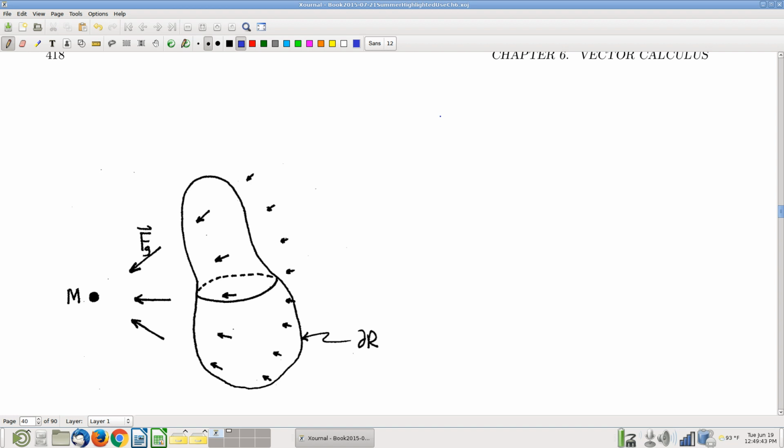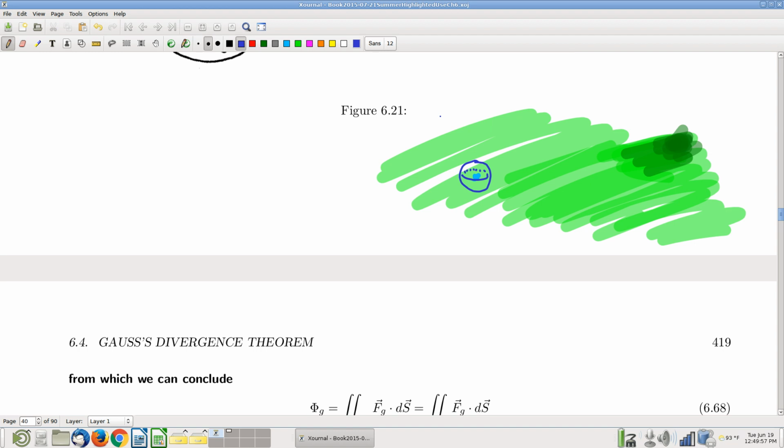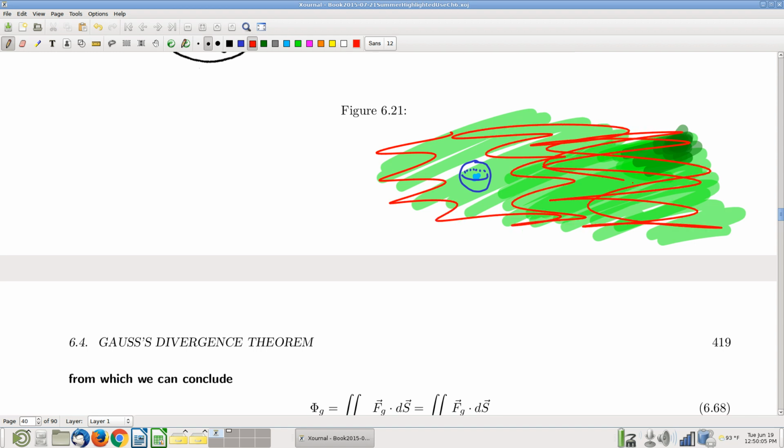We already considered a mass outside of a solid region, outside of the boundary of a solid region, and the flux contributed by that mass, gravitational flux created to that surface, is zero. So I get to ignore most of this mass. I just pretend that most of that mass is not there.